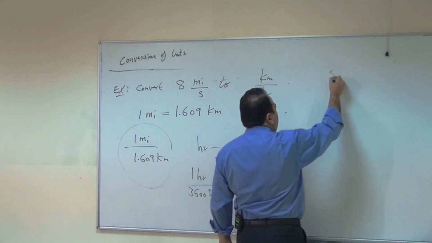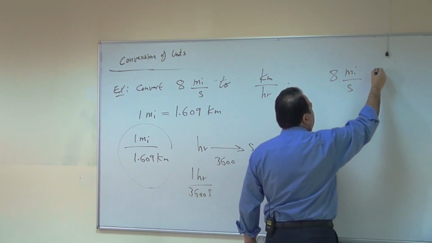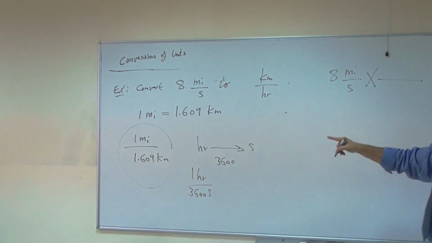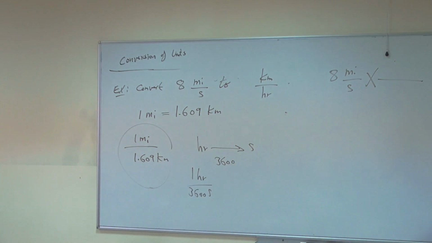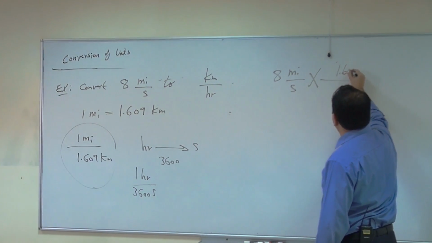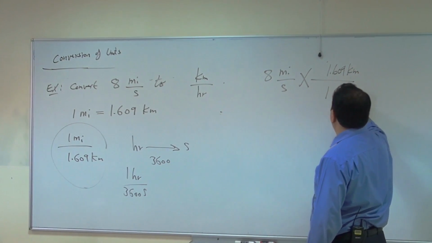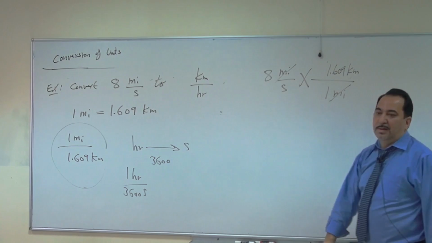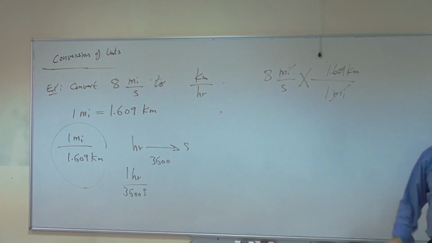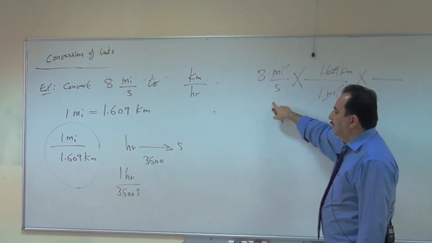Now we start with the number 8 mile per second. First conversion, useful or we switch them? Flip it, okay. 1.609 kilometer per 1 mile. And I can see I'm on the right way because I can cancel the mile. What is left? The second.